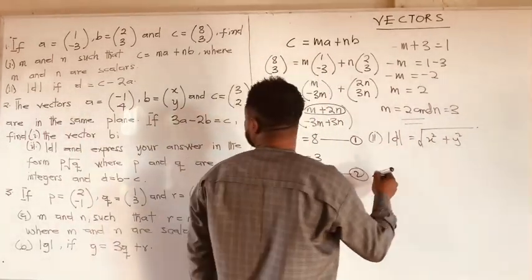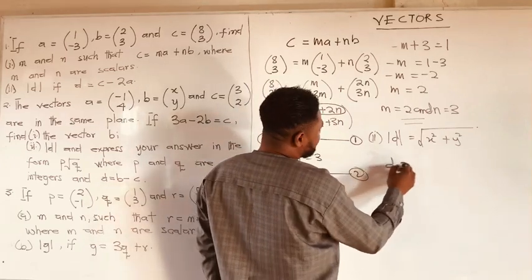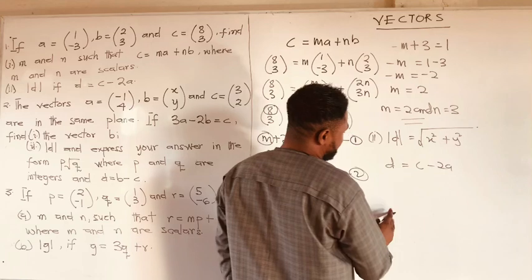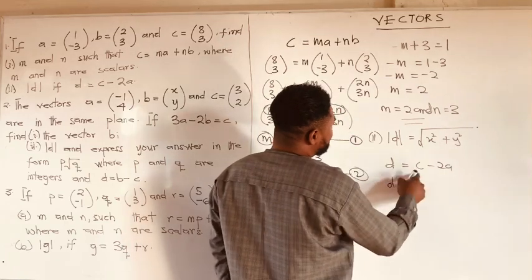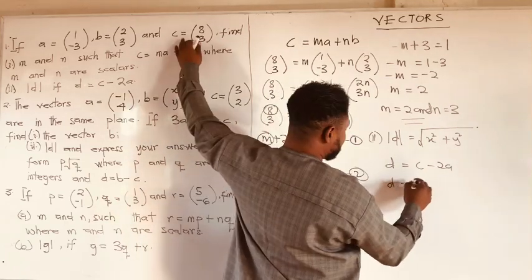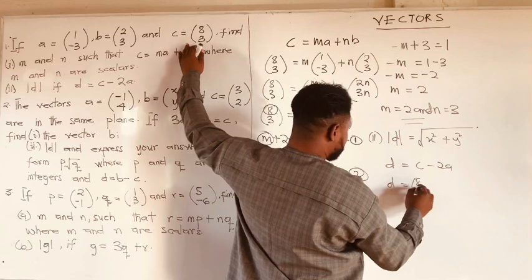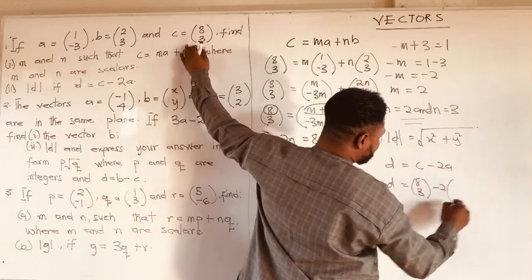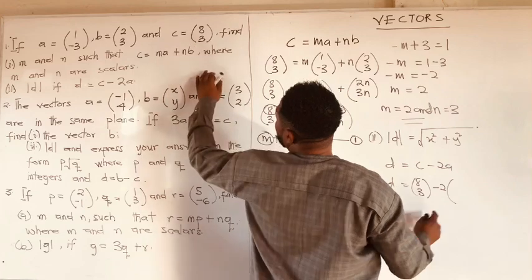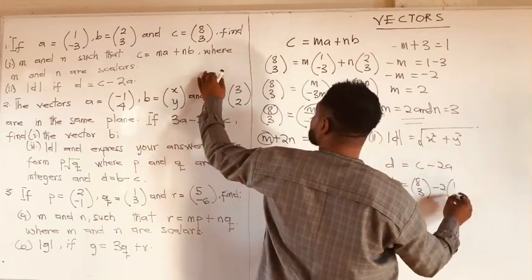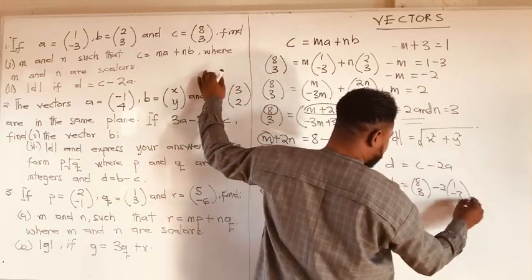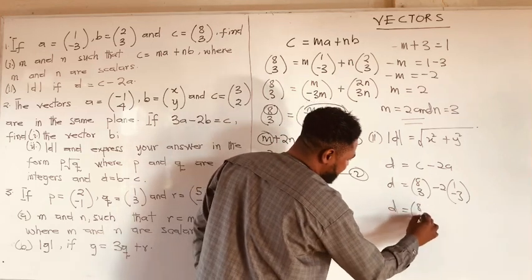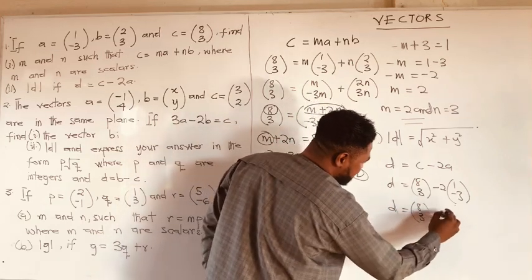In the question, we have been told that D should be equal to C minus 2A. Our C is given to us in the question. That is (8, 3), minus 2 multiplying A. Our A is (1, -3). So we can find our D, as you can see on the board.